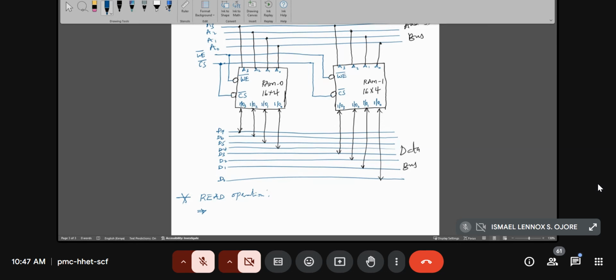Okay. Yes, that is correct, Emmanuel, because these are active low. So definitely the first thing we have to do is enable the chip. So it is active low.